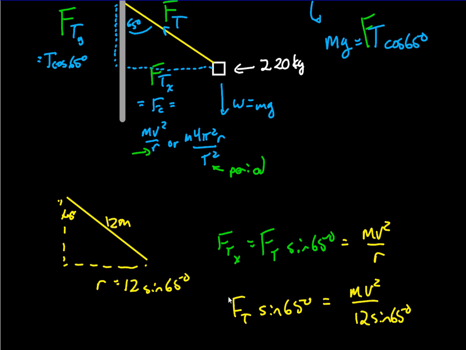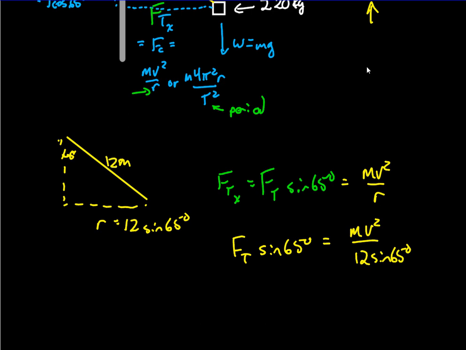So we don't know what Ft is, and we don't know what the velocity is. However, we did establish this vertical scenario up here, so maybe we can use that in some way. So we also know that mg should be equal to Ft times the cosine of 65 degrees.